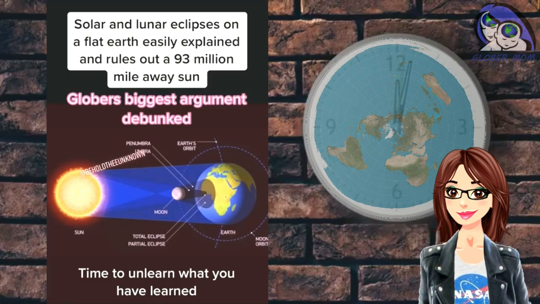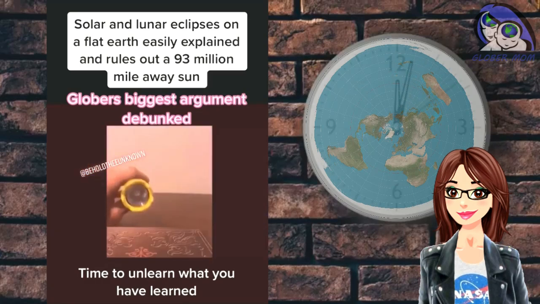As this footage demonstrates, the sun and the moon have to be roughly a similar size for a solar eclipse halo to form. Representing my sun source and a penny representing the moon. And as you can see, the flashlight is a lot larger than the penny.